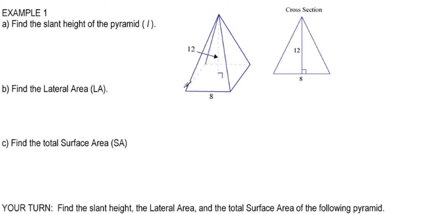The only difficult part in these problems is that if we want to find the slant height, oftentimes we're going to have to create a right triangle using the altitude and the fact that we can create a segment going down, and then this would be the height of our pyramid. Let me highlight this as well.